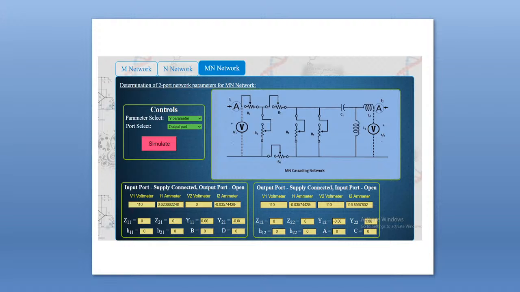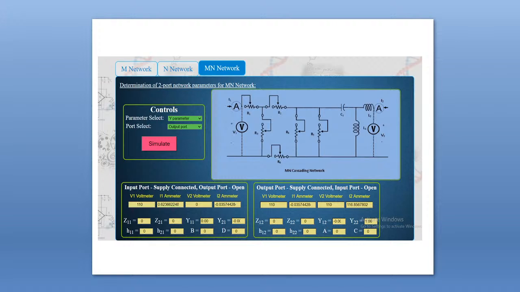You just tell me the values of y parameters y11, y12, y21, y22. However, in this slide you will see that the values of y11 and y12 or y21 are 0.00, but this is not zero. If you click on this button, you will find the non-zero value. It is 0.00 something.